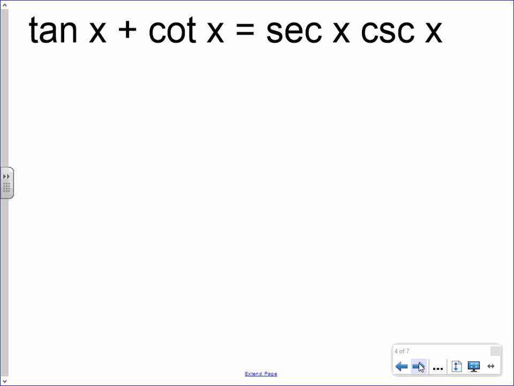So we're going to start with what I had on that very first slide. And just because we do it one way here in class doesn't mean that is the only correct answer.